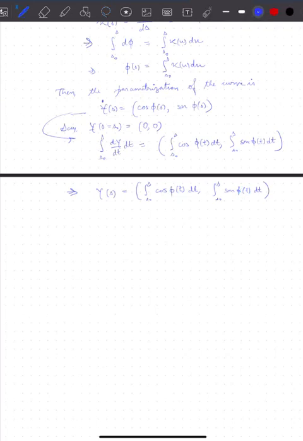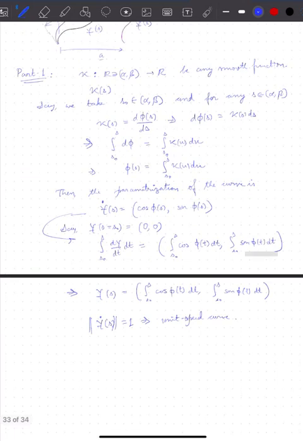And of course, we can just take a look also. If we take a derivative of gamma with respect to S and take its norm, that is of course equal to 1, which is anyway a unit speed curve. So we constructed it from beforehand itself. So this completes our first part.